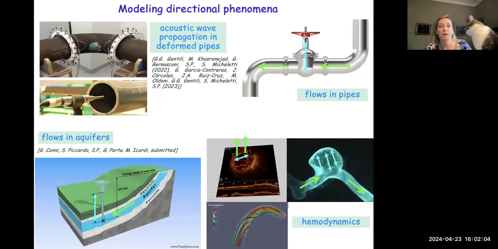Hierarchical model reduction, or in short HiMod, is the ideal tool to model problems which are characterized by a strong directionality. Here you have examples from different fields of application. For instance, you can think about a flow inside a pipe, or an acoustic wave traveling along a waveguide, or water flowing inside an aquifer, or the blood flowing inside an artery district.